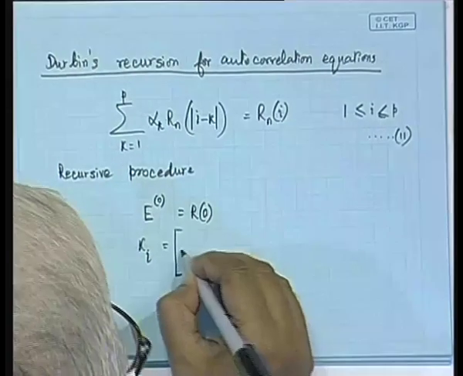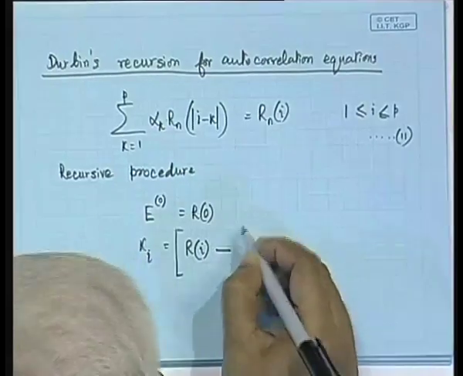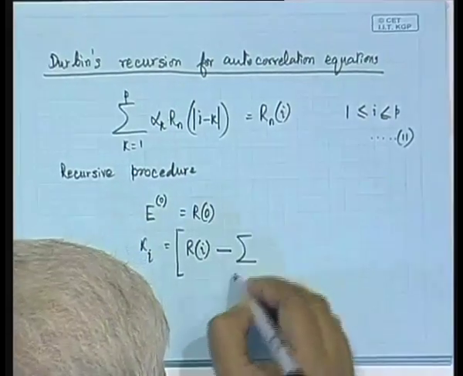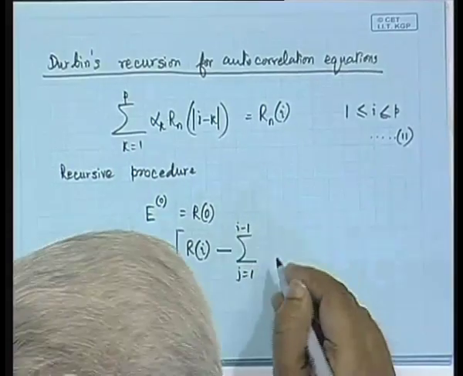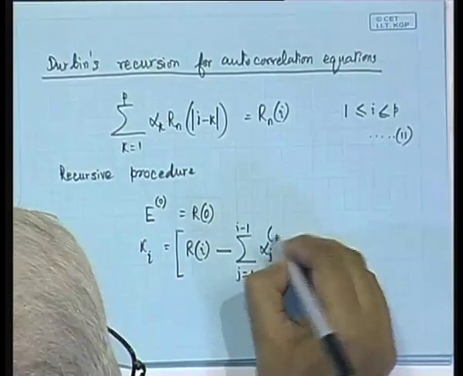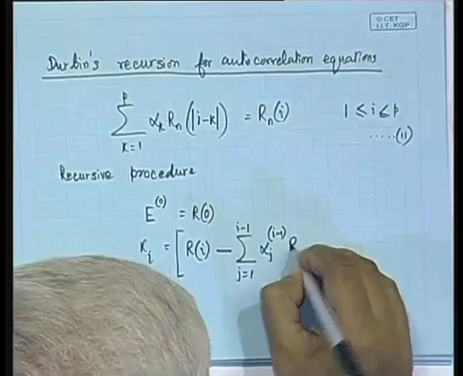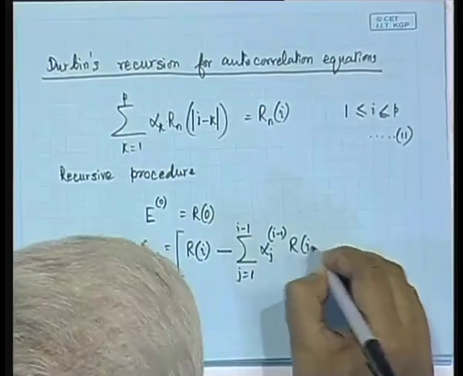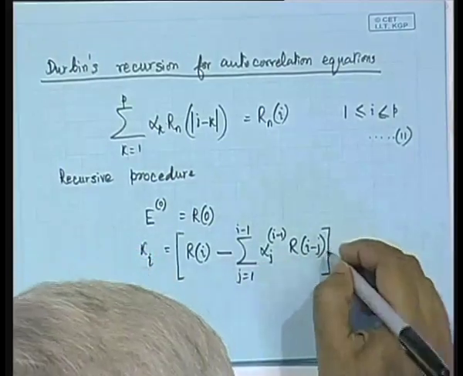So k_i will be written as R_i minus the summation over j equal to 1 to i minus 1 of alpha_j^(i-1) R_(i-j). This is one equation.